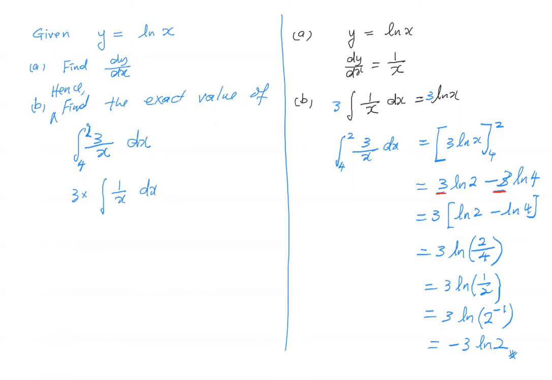If you don't want to do like that, what you can do is from here, because 4 is bigger than 2, so I will decide to take out negative 3. Like that will be much easier. Plus put on top, minus put below.